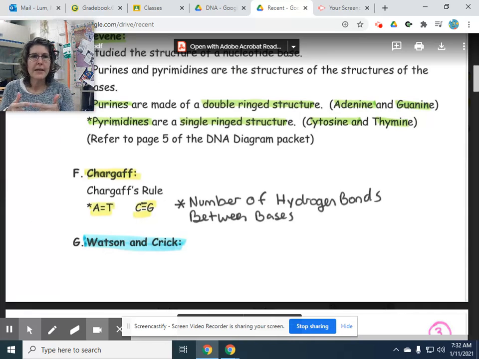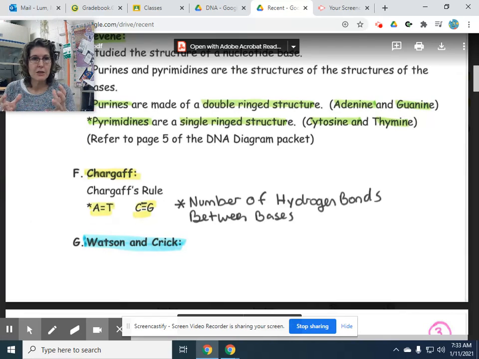That must mean they pair together. Well, how are they pairing together? Oh, they have two hydrogen bonds between them. So the only way that I can pair up these nitrogen bases is in this particular fashion. Adenine, my purine, has to go with thymine, my pyrimidine, because they have two hydrogen bonding spots together. Same thing with cytosine and guanine.